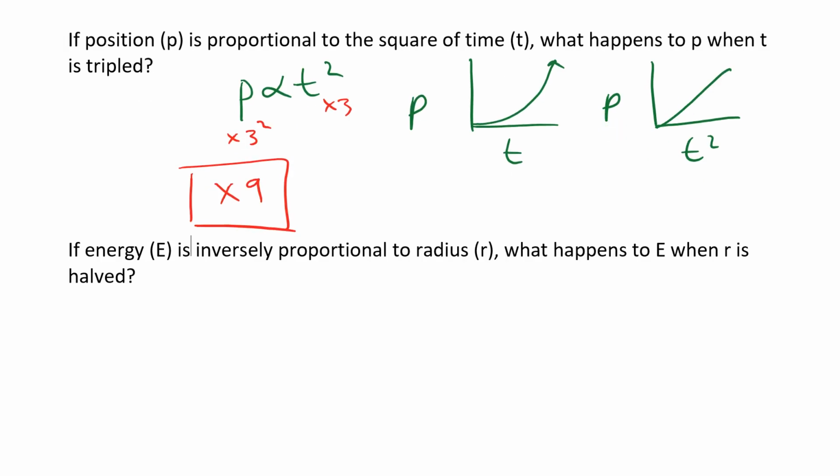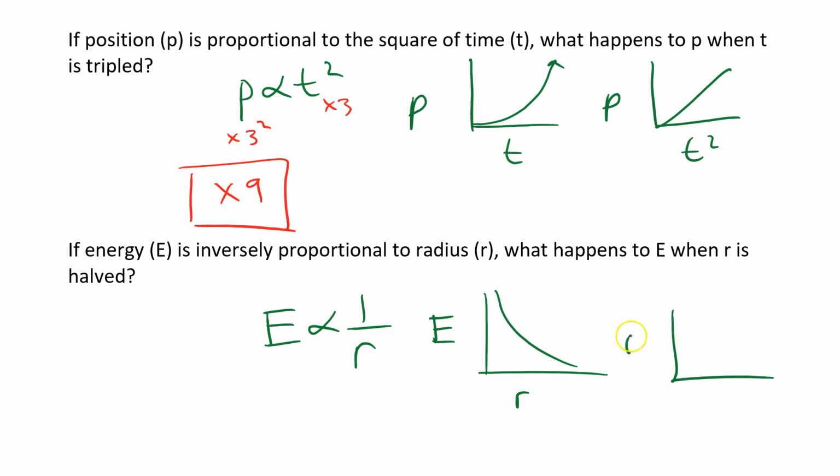Energy is inversely proportional to radius, this question says. So if energy is proportional to 1 over r, again, I could show this in a couple ways. I can say, well, if I did E versus R, it would look like this. Or if I graphed E versus 1 over R, then I would get this kind of straight line. What happens when R is halved?